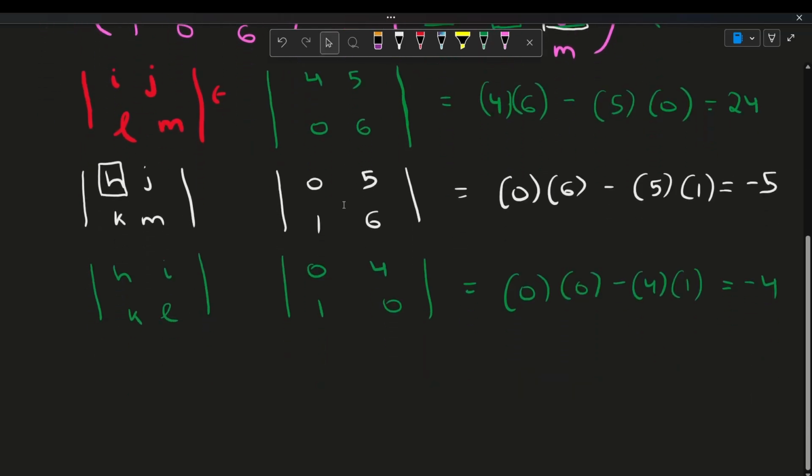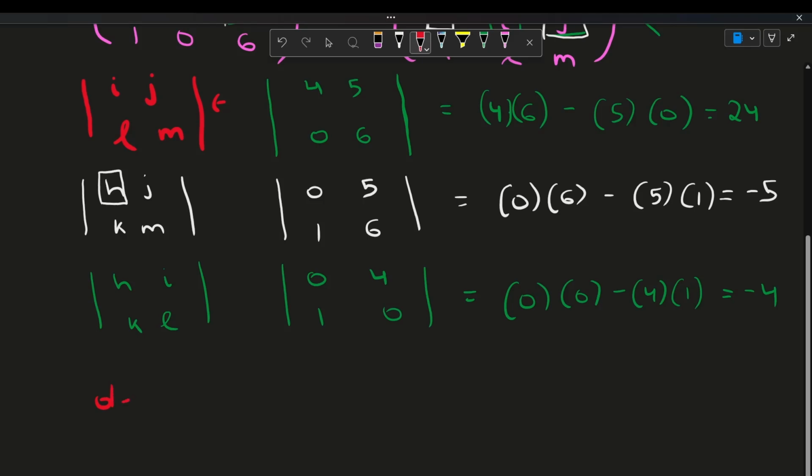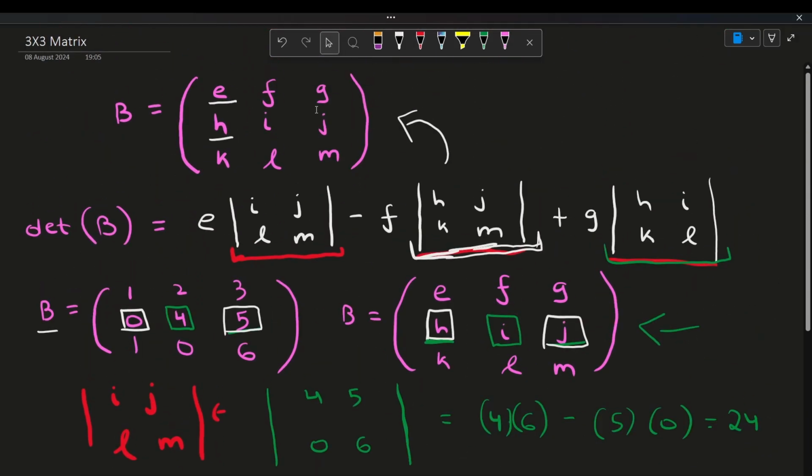And then finally, let's do one last step where we have to compute the determinant of B. So that B would be equal to, let's go back to the expression which we found earlier. So it was e times this minus f times that.